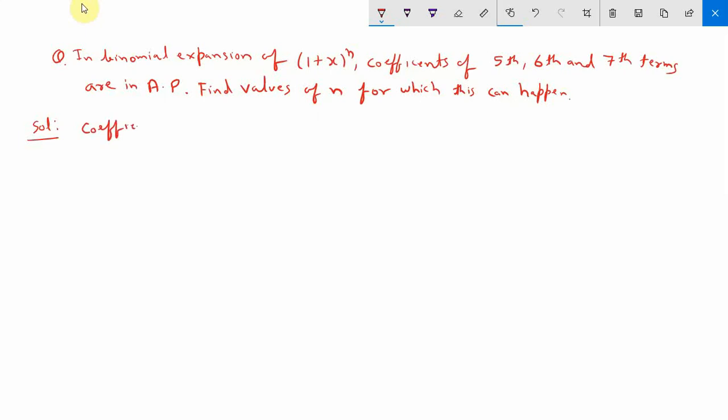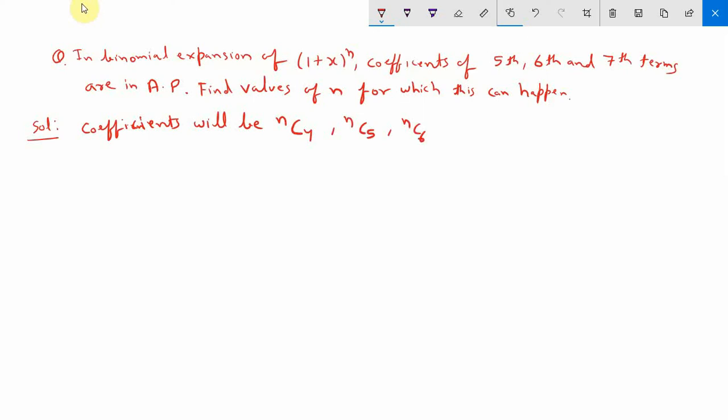For the fifth term it will be T 4 plus 1, so the coefficient will be nC4. For the sixth term it will be T 5 plus 1, so the coefficient will be nC5, and for the seventh term it will be nC6.